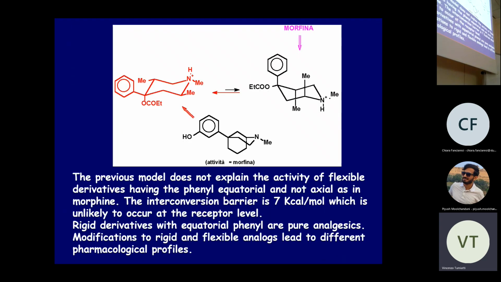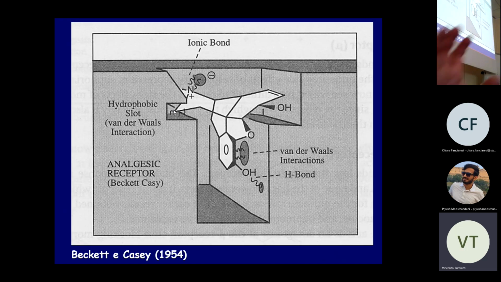But in that time, there was another problem. 4-phenylpiperidine. This model is in accord to the chemical structure of morphine.